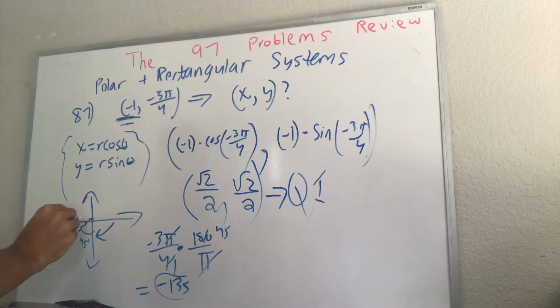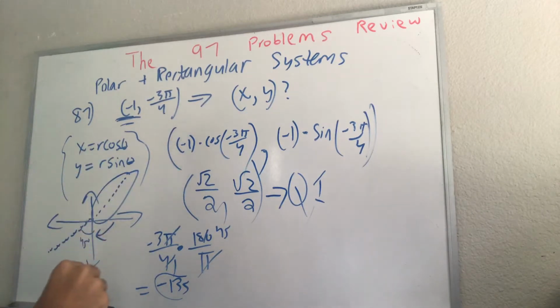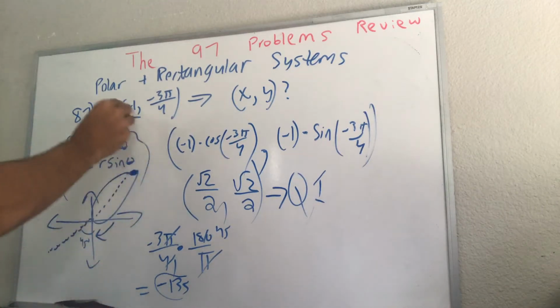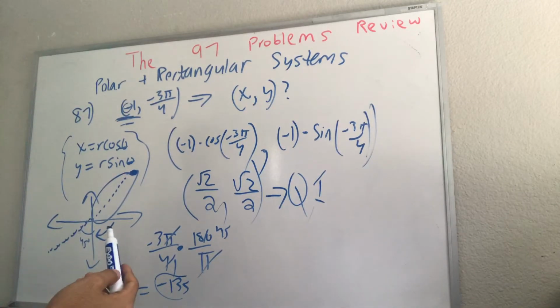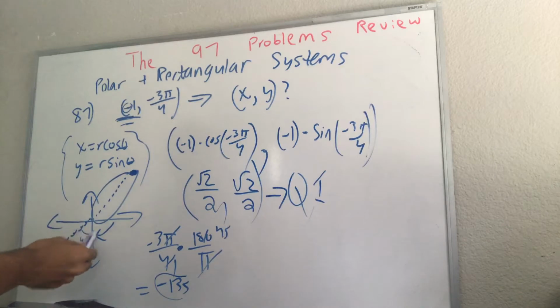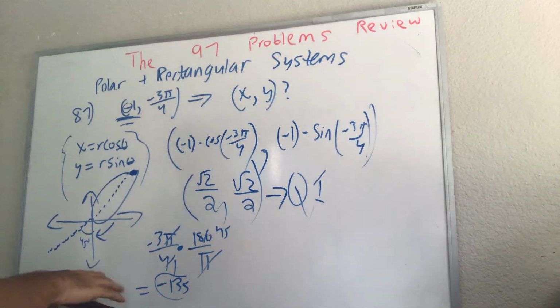So your final point, x comma y, would be in quadrant 1 because of this negative radius. What the negative is saying is that your direction needs to be reversed. By switching the direction, we go from quadrant 3 to quadrant 1. So for question number 87, our answer is root 2 over 2 comma root 2 over 2.